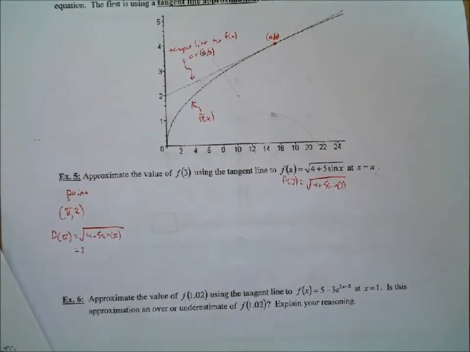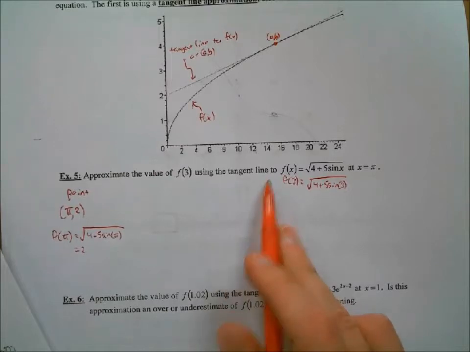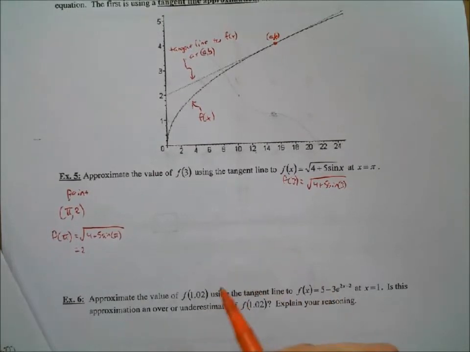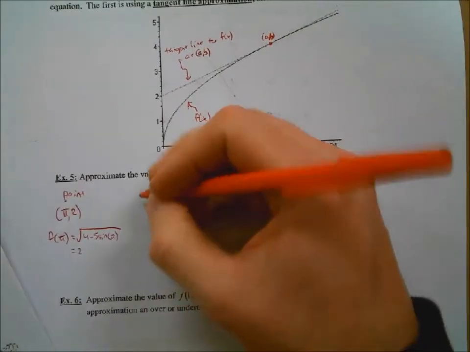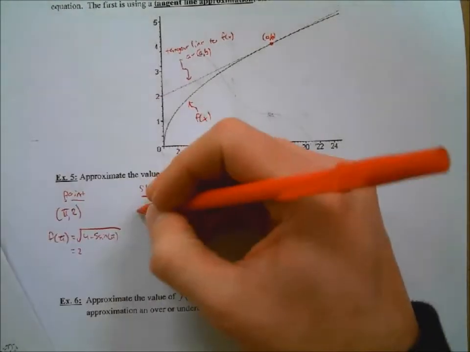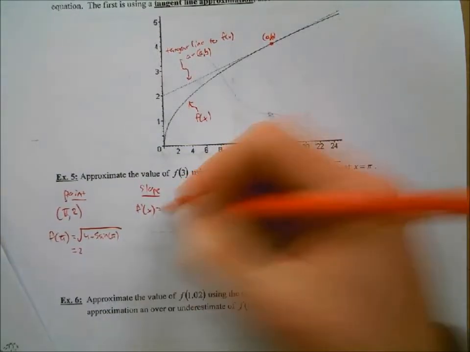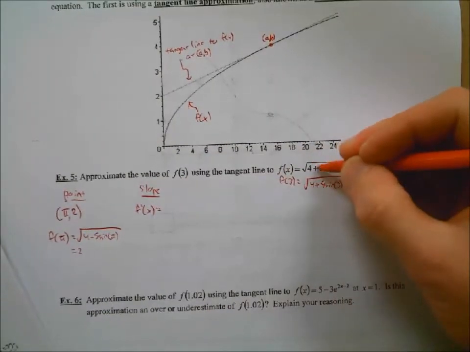And then how do we find the slope for our line? Take the derivative, because we're trying to find a tangent line. The tangent line's slope is based off the derivative of our function. So for the slope part, we'll do f prime of x. Oh boy, we're taking the derivative. We haven't done that in a while. Remember, that's 4 plus 5 sine x to the 1/2 power.